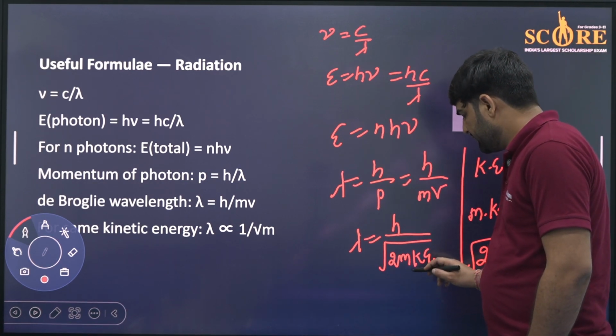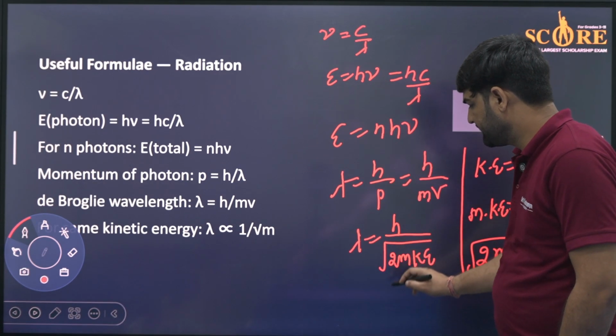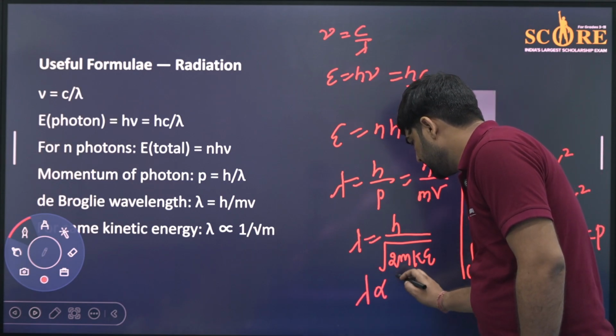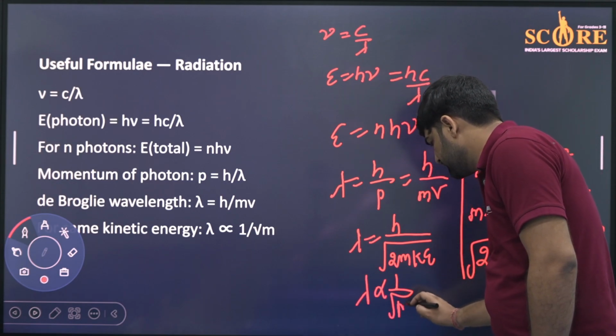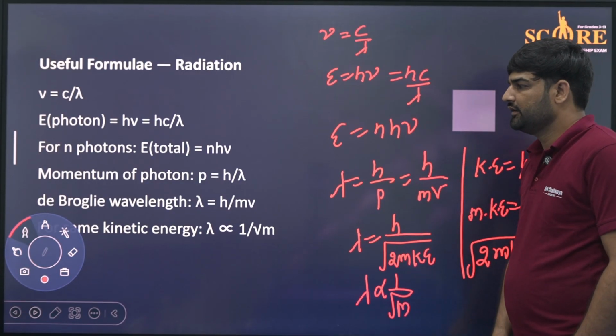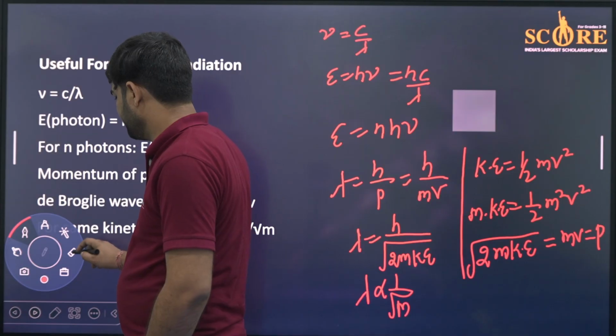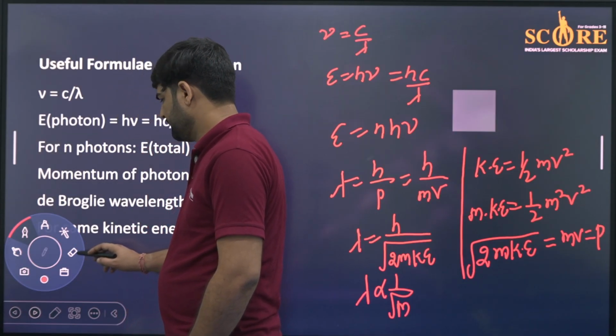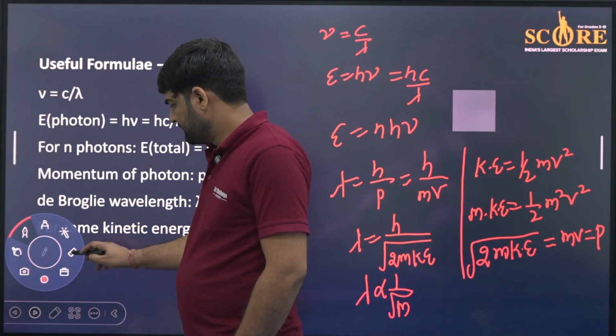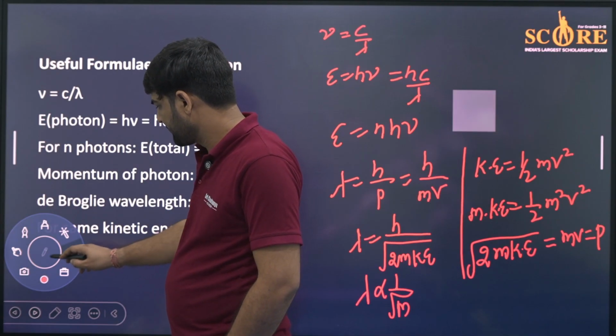So if kinetic energy is the same, then you can write lambda equals h upon root 2m KE. So these are some basic formulas related to atomic models.